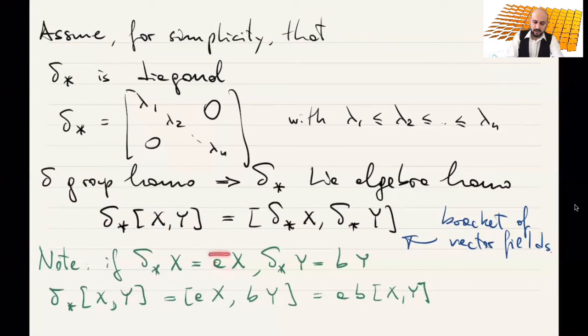Now think that these are going to be positive values. If a and b are positive numbers, let's say that they are greater than 1, then a times b is strictly greater than a and than b. Therefore, if you take two eigenvalues and take the eigenvectors associated, the bracket is going to be next in line. So let me write it as a formula, this statement that I did.